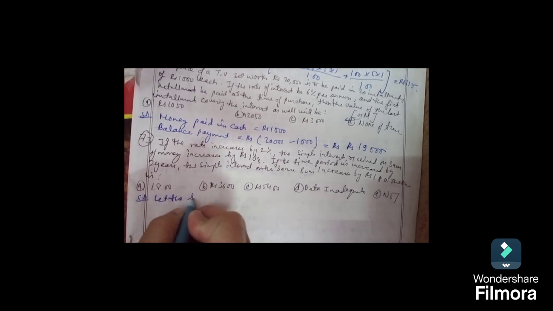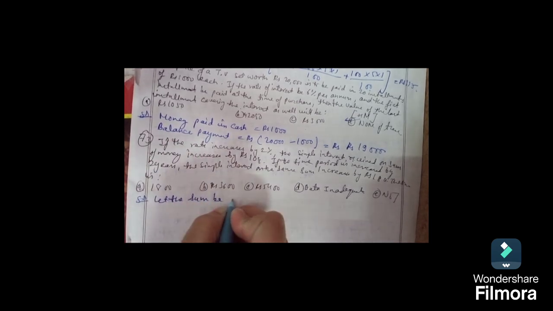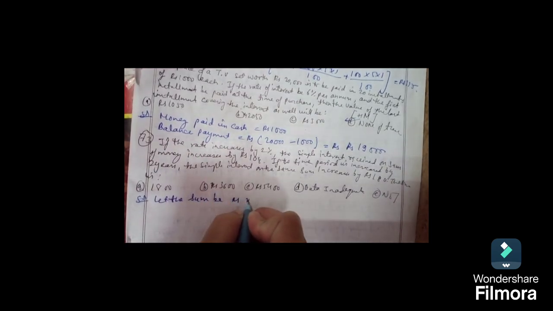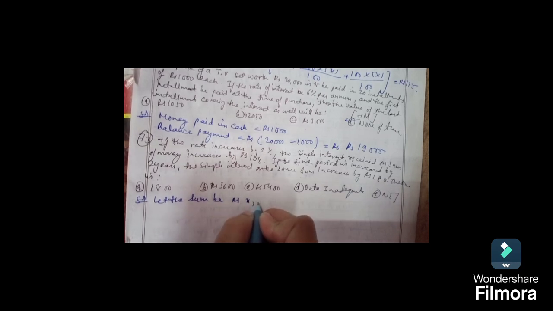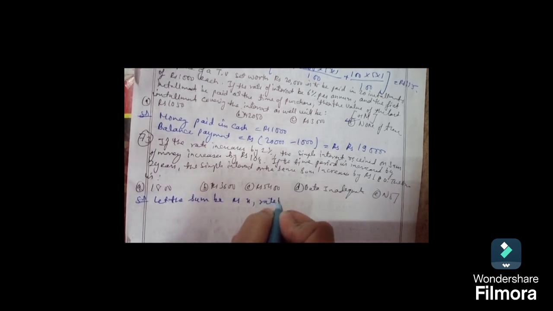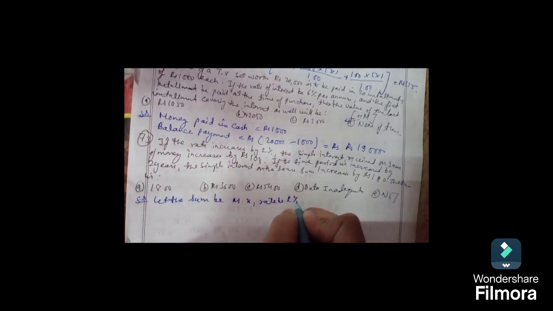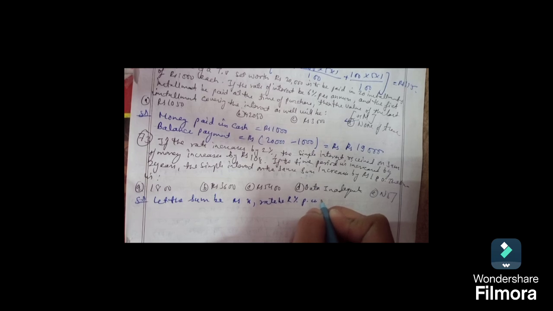Let the sum be rupees X, rate be R% per annum, and time be T years.